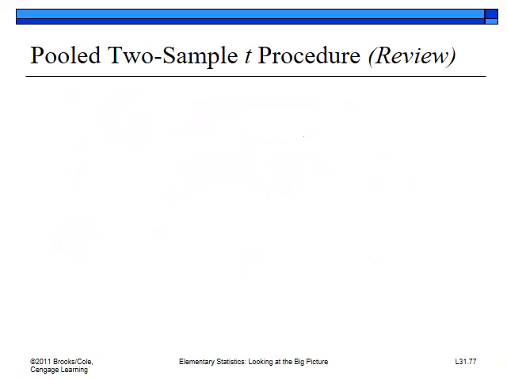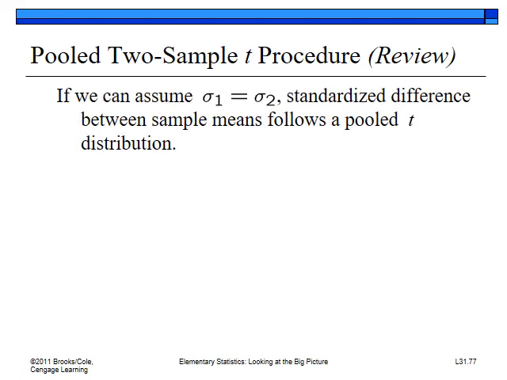Remember when we were doing the 2-sample t-test, we had a situation where if the standard deviations in the populations were approximately equal, then we would pool our data together. That gives us more to work with and gives us more evidence.